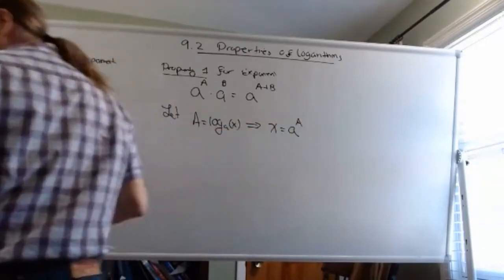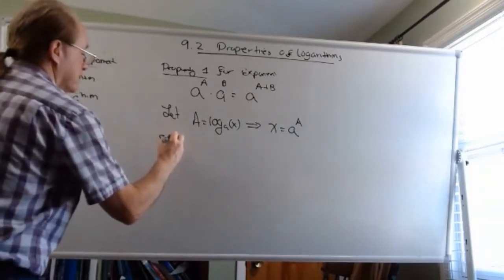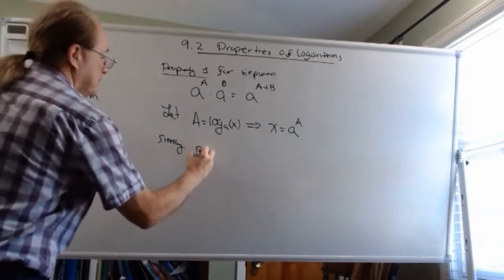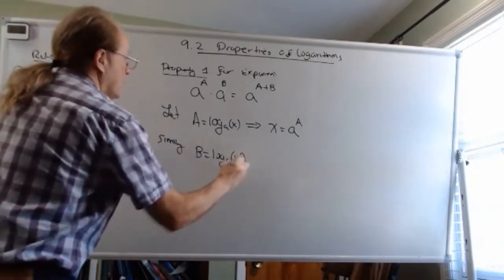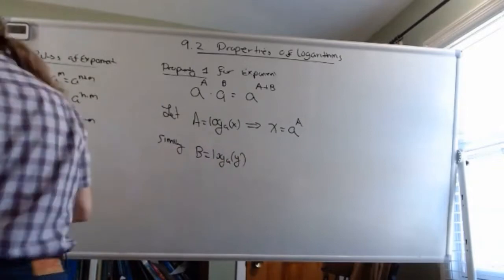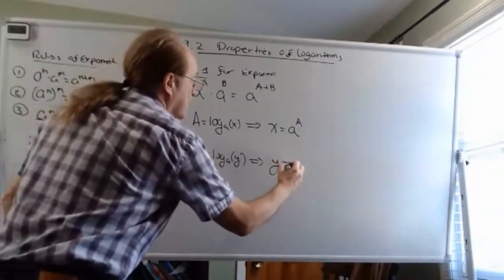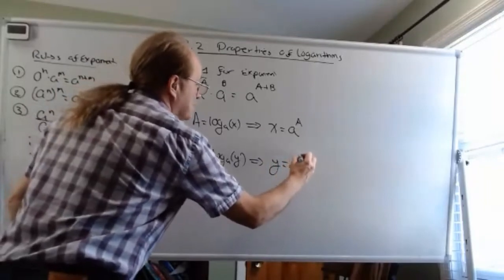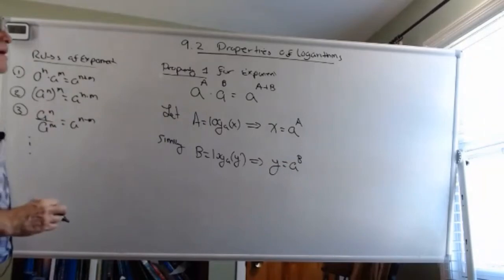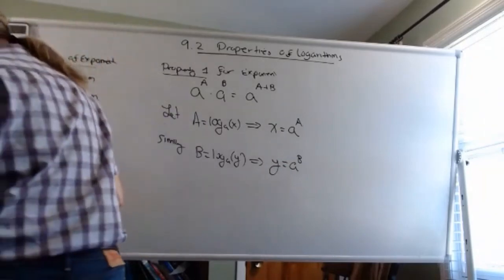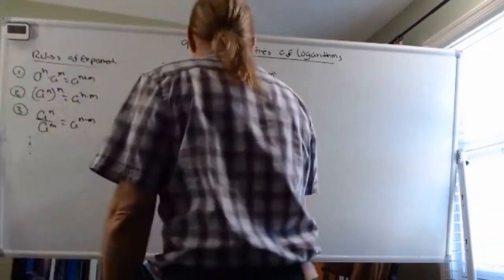So in a similar fashion, we also have b is the log in the base a of, I'll call that y, if you will. Or giving my other definition, y is equal to a to the b. Okay, so what do I have? Let's plug everything in and see what we have. Let's define a c now.